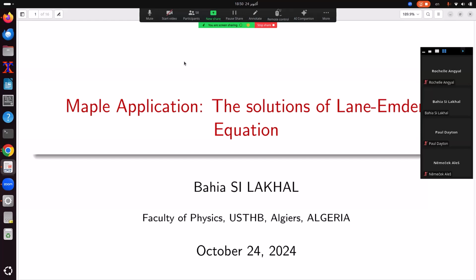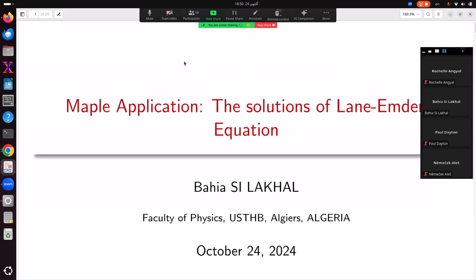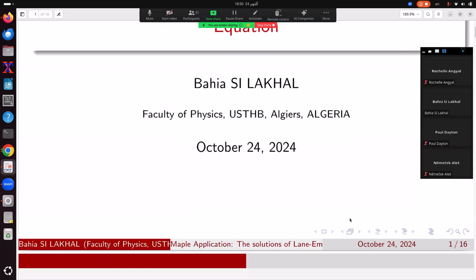In fact, I started using Maple in 2016 for research purposes. Now I use it in teaching at graduate and undergraduate levels. Today, my talk is about the solutions of Lane-Emden equations as a Maple application.